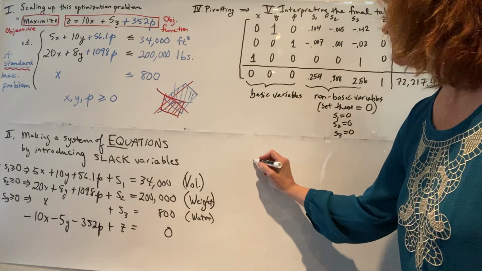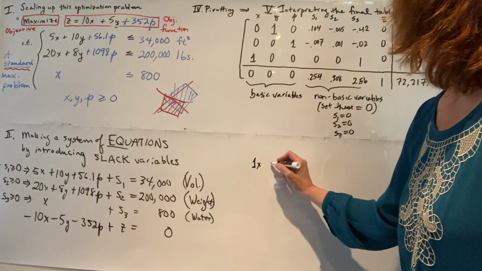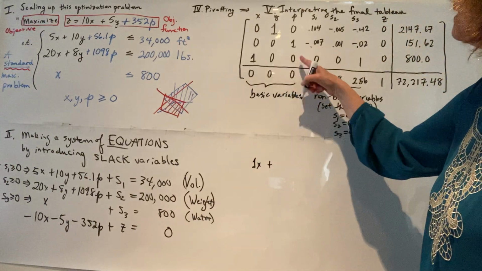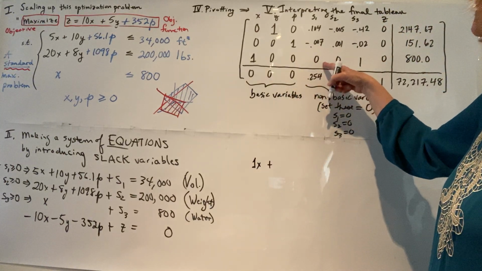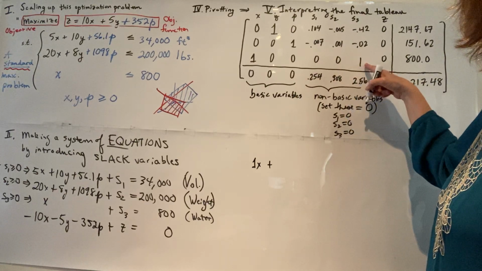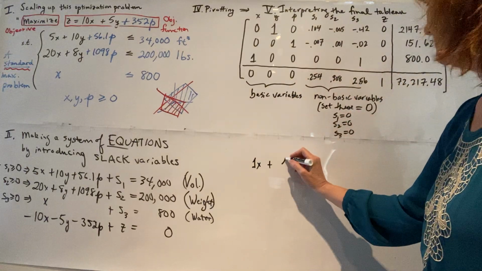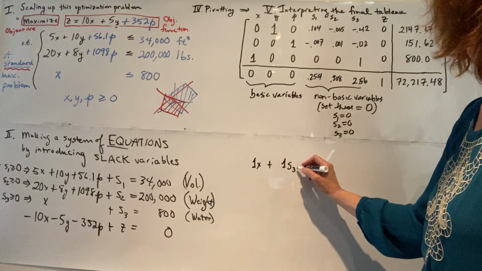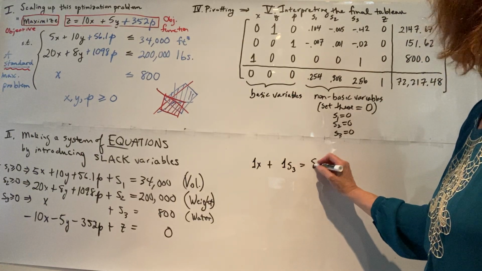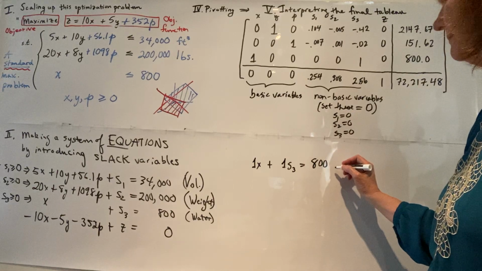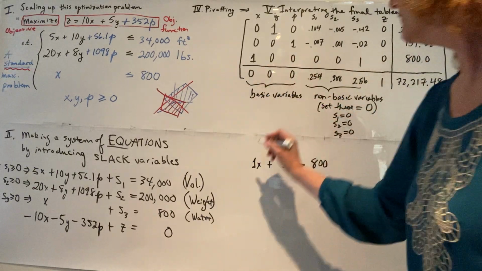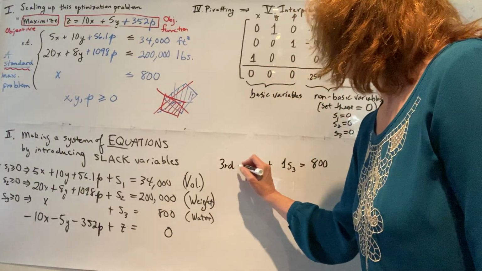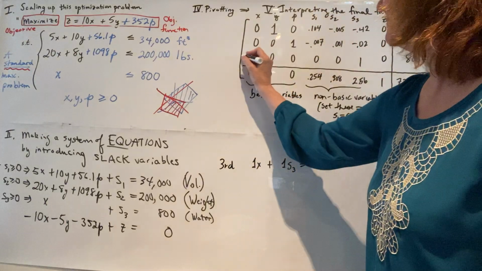It's saying 1x plus 0y, 0p, 0s1, 0s2, and 1s3 is equal to 800. Okay, that's my third equation, third line interpretation.